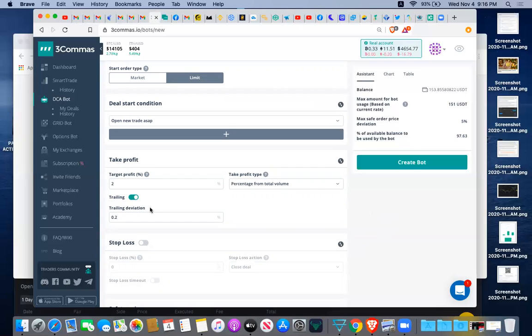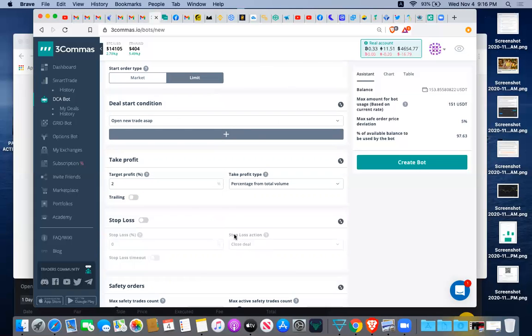Trailing means when the market gets to that 2% and it's still moving, it won't take that profit. It continues following up. Now, when the market has gone up and starts reversing, when it reverses by 0.2%, it will sell off and take your profit. So at that point, it may actually trade up to 3% or 4%, as the case may be for you. Okay, so you can always set it on.